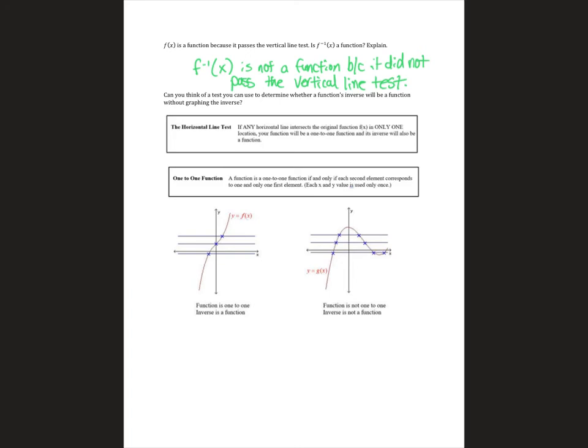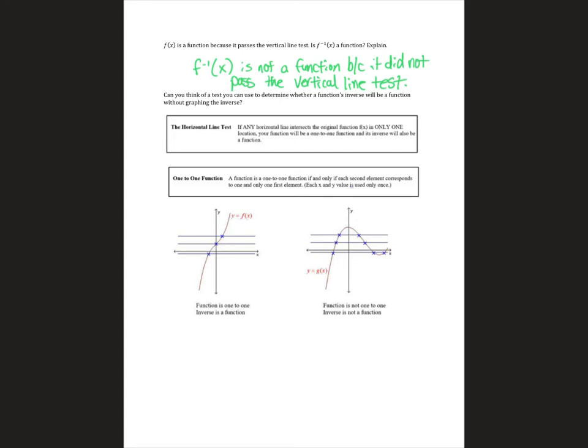So it says here that the horizontal line test says if any horizontal line intersects the original function f of x in only one location, your function will be one-to-one and its inverse will also be a function.